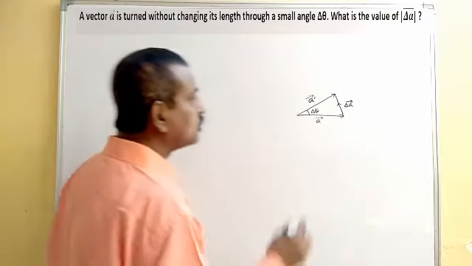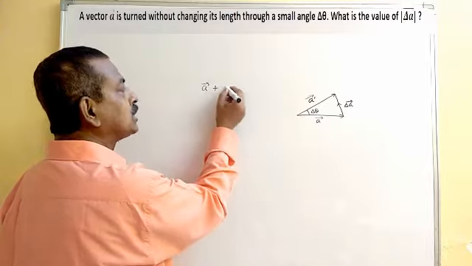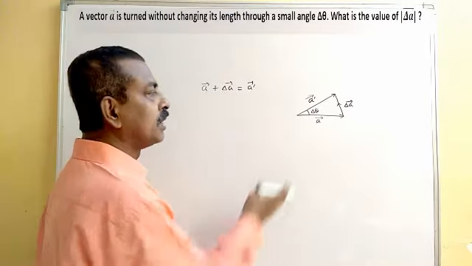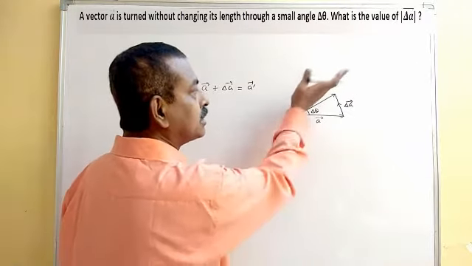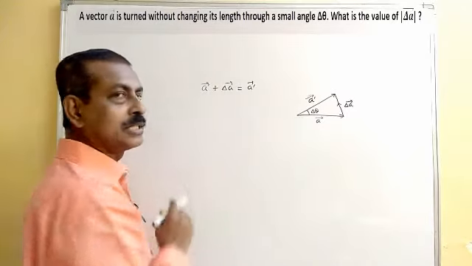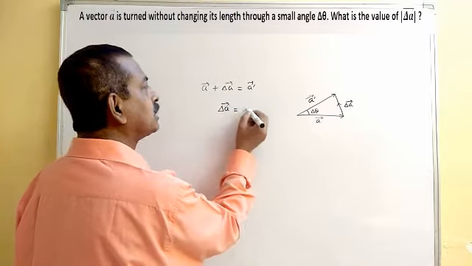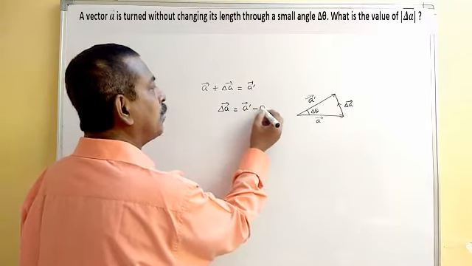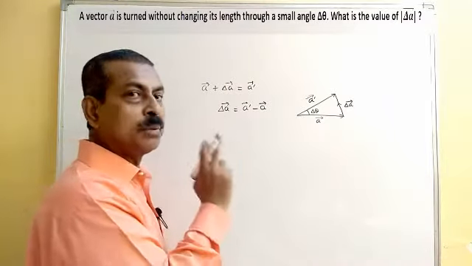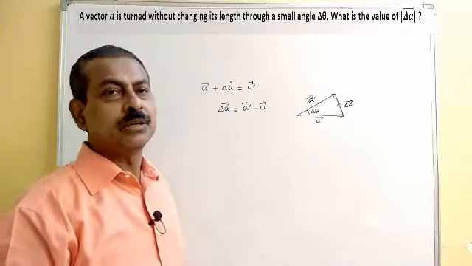Now, if you apply the triangle law of vector addition, vector A plus delta A vector is your A dash vector. This is vector A, this is delta A vector, this is your A dash vector. So by the triangle law of vector addition, we can write delta A vector as A dash vector minus vector A. Remember that if you represent this as A, then delta A will appear to be 0.